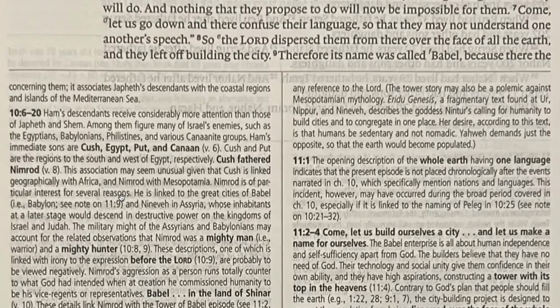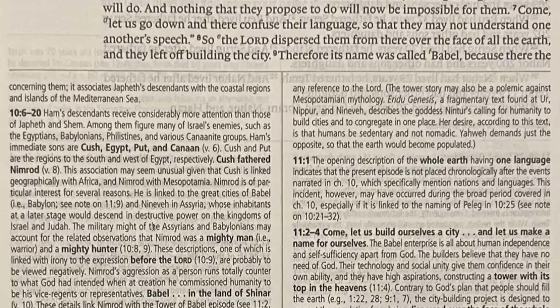This association may seem unusual given that Cush is linked geographically with Africa and Nimrod with Mesopotamia. Nimrod is of particular interest for several reasons. He is linked to the great cities of Babel, that is, Babylon, see note on 11:9, and Nineveh in Assyria, whose inhabitants at a later stage would descend in destructive power on the kingdoms of Israel and Judah.